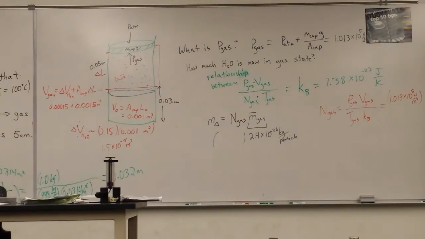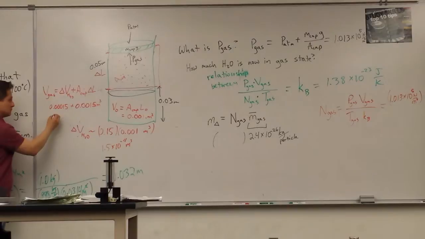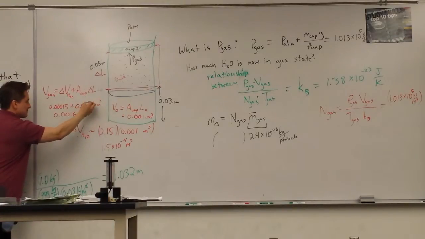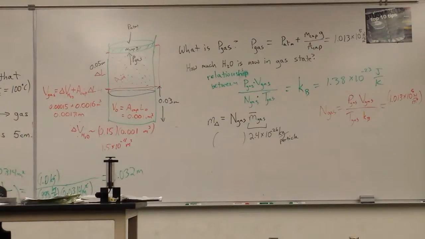Absolutely. About 1.7 or 0.0017? No, 1.6. It's just rounding, the next digit after the 5 there. Yeah, so this is a 1.7. So this is about a 7 to an 8. Okay. That's the volume of the gas.